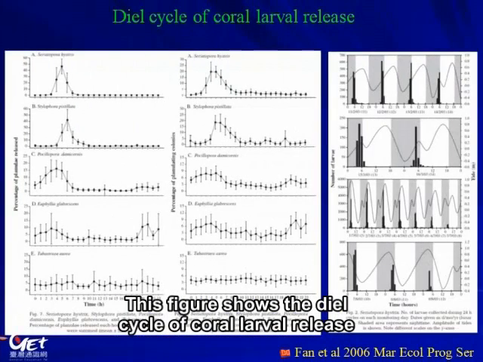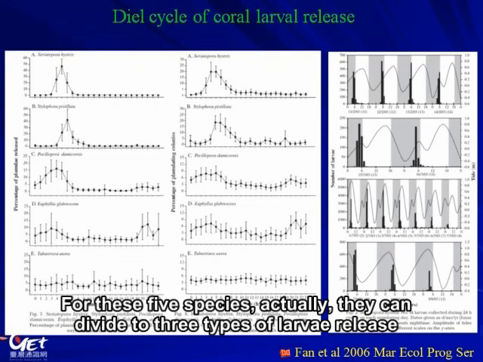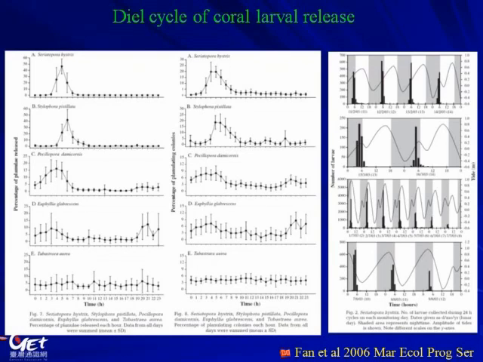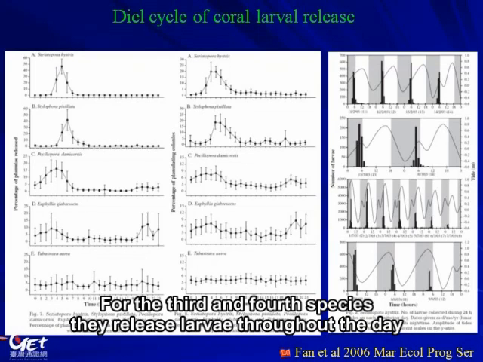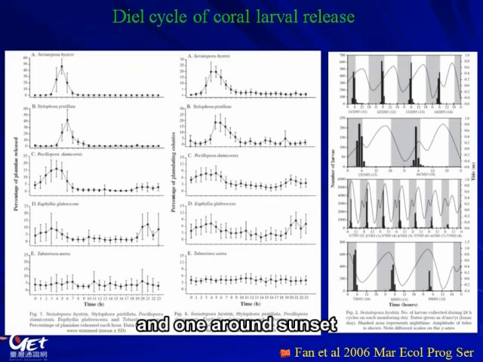This figure shows the diel cycle of coral larva release. For these five species, actually they can be divided into three types of larva release. The first two species are highly synchronized and release larvae only around sunrise. The third and fourth species release larvae throughout the day, but there are two peaks, one around sunrise and one around sunset.